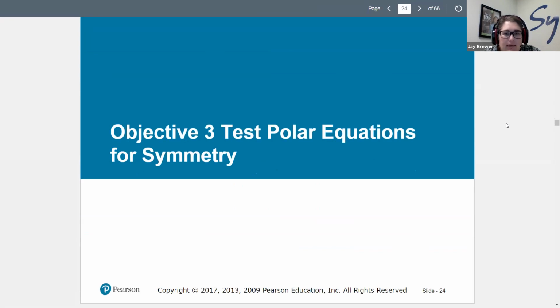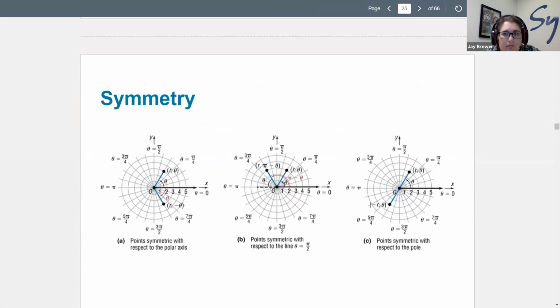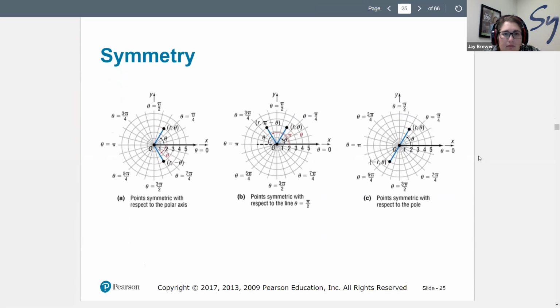Objective 3 is test polar equations for symmetry. So we have points symmetric with respect to the polar axis, points symmetric with respect to the line theta equals pi over 2, and points symmetric with respect to the pole.